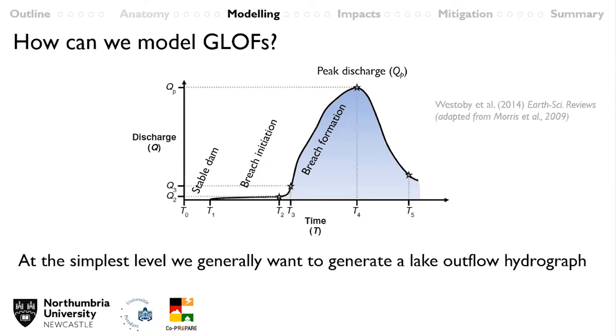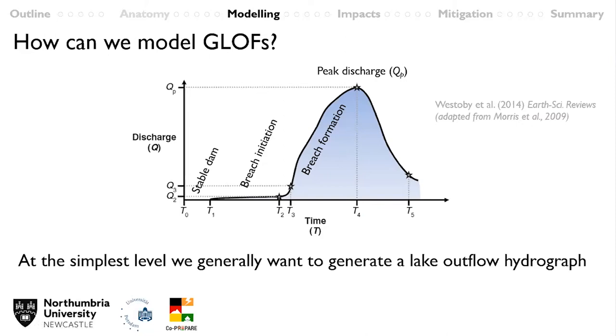And so these breach hydrographs look something like this at the top here, and they generally have a number of phases. If you look on the x-axis, we have T0 all the way through to T5. Between T0 and T1, we have a stable dam. It's not going to fail anytime soon, and it's kind of happy just sitting there.